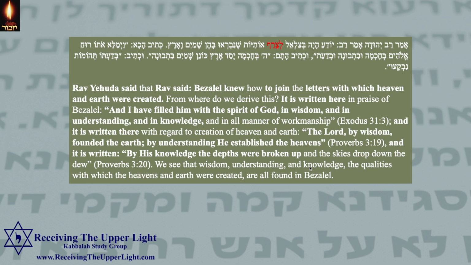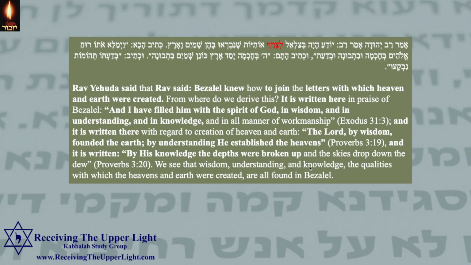After Bina, we're going to see these letters appearing and creating what we call the 7 days of creation. Okay? And this is basically what this is telling us, that Bezalel knew about this secret, and he knew how to use these letters in order to create the tabernacle according to this blueprint that is in heaven and earth.